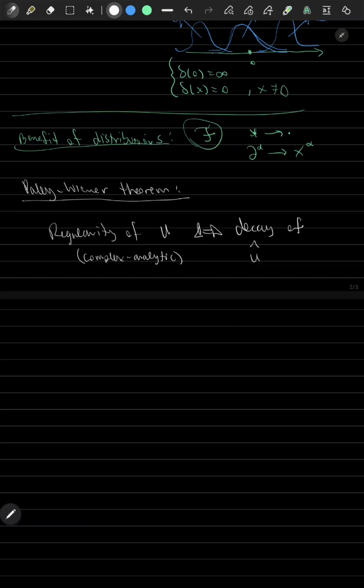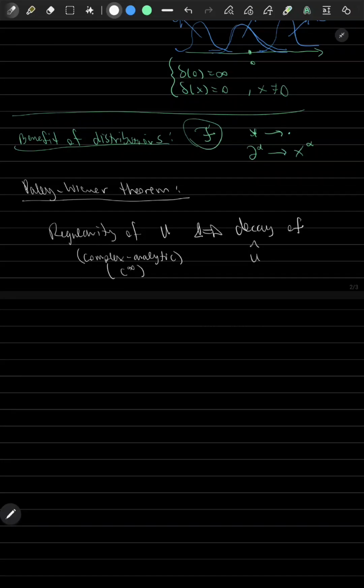So this makes more sense if I actually state the theorem, which I won't do now, but it has to do with the Fourier-Laplace transform. So regularity in the context of the theorem can mean complex analytic, or it can mean just regular smooth, just C infinity over Rn.